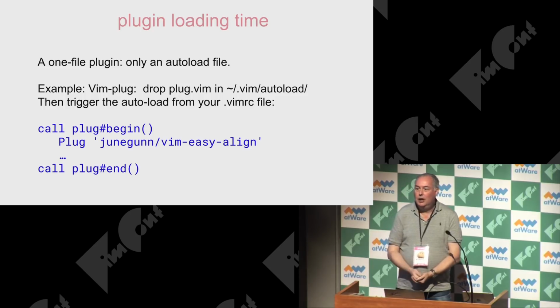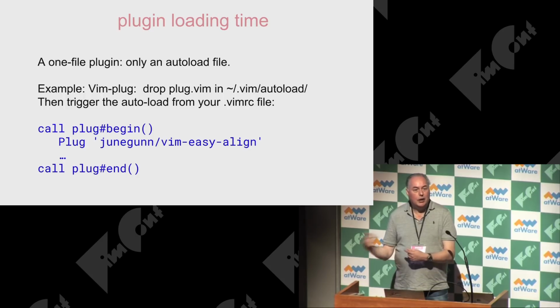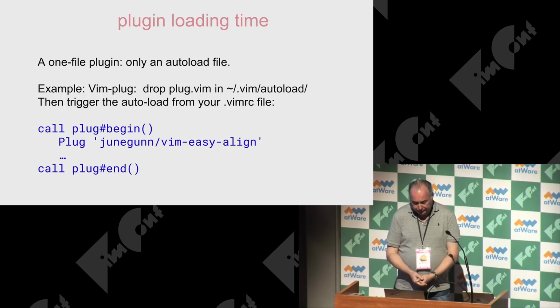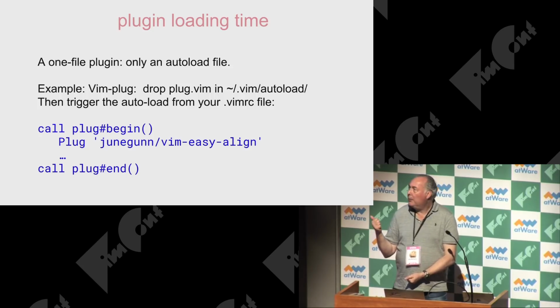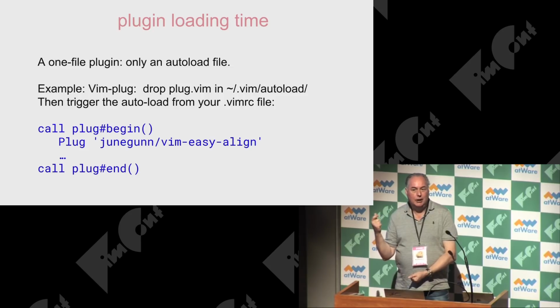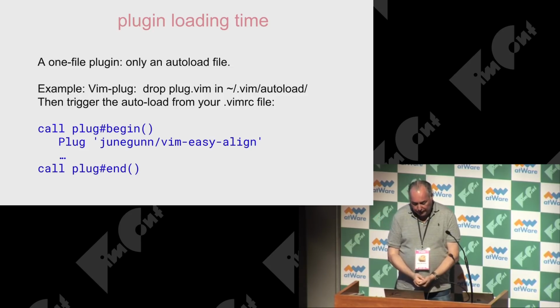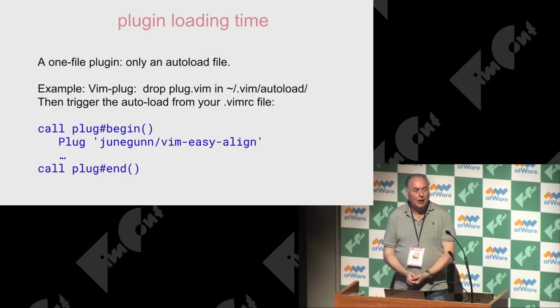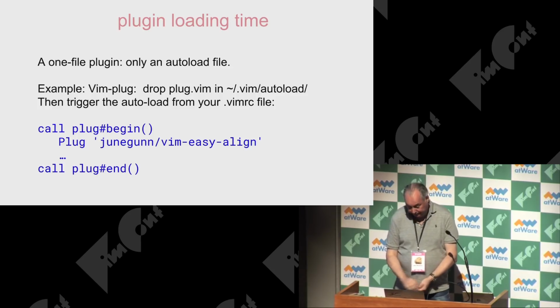So you put this function called plug begin in your vimrc, and that triggers loading the rest. So I think that's a very simple mechanism, and it appears to work well. Of course, this only works if you do something like this that calls the function by the autoload name. So you have this plug hash that triggers the autoload. It's not so convenient for user commands because you can't have the hash in there.